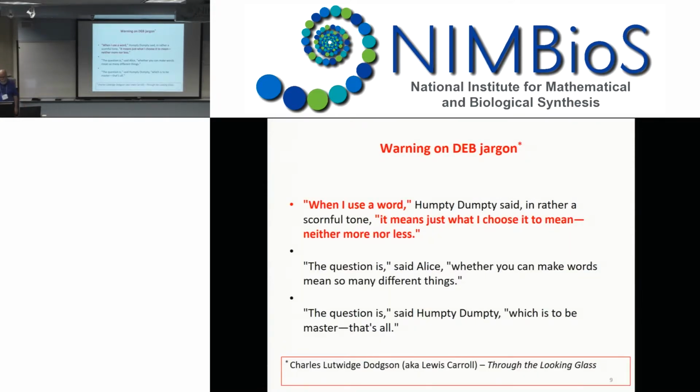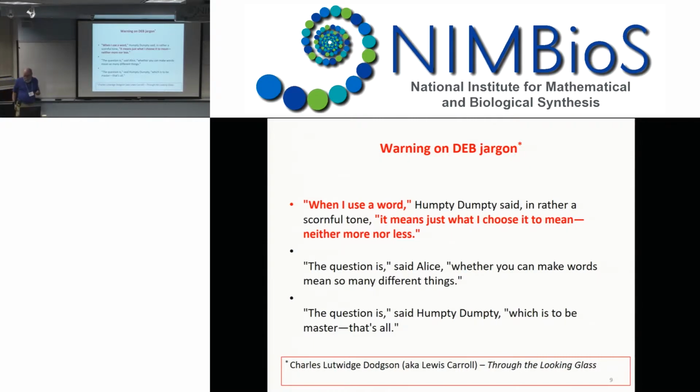So that's a useful reference. And before I present the model, I want to make a comment about the jargon used by people who work in DEB theory. My personal opinion is that bad choices of jargon have greatly reduced the extent to which this theory is used.